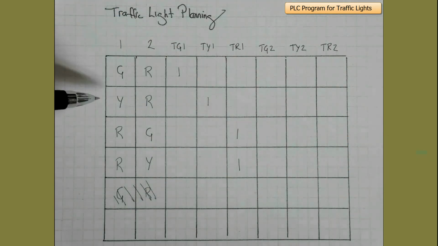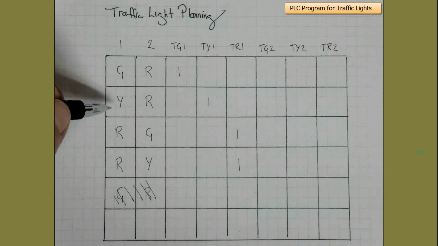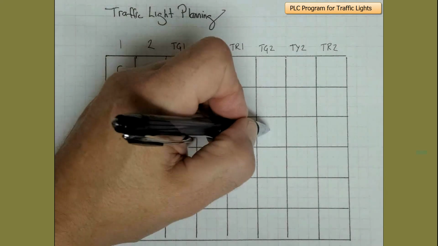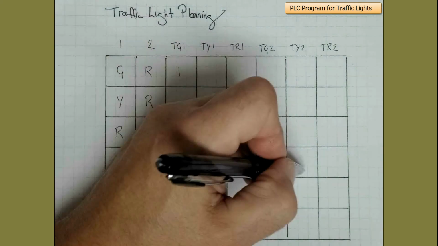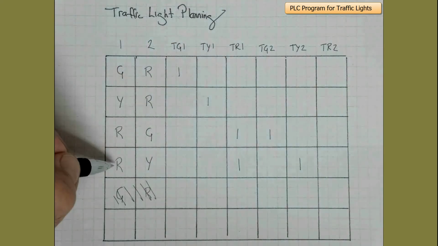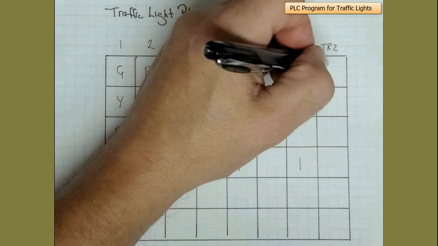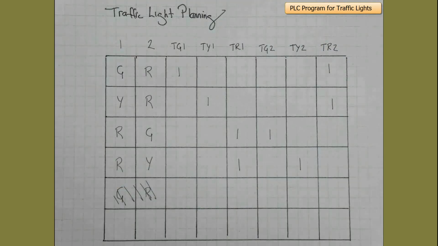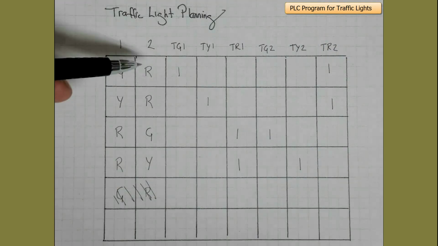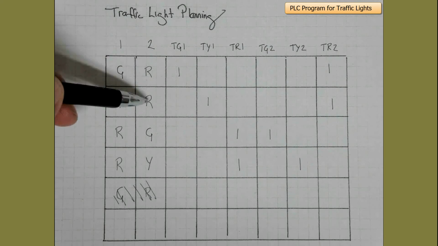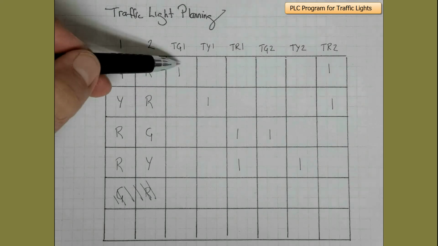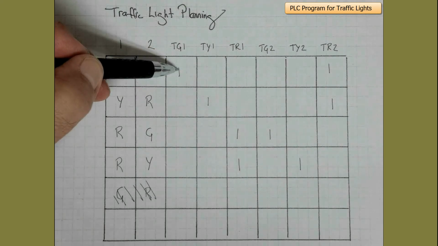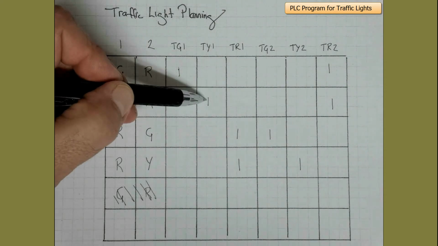We can do the same thing for traffic light number 2. We would be timing green here, timing yellow here, and for red for traffic light 2 we would be timing here and here. Now if you take a look at this, the red timer for traffic light 2 is just a combination of the green timer for traffic light 1 and the yellow timer for traffic light 1.